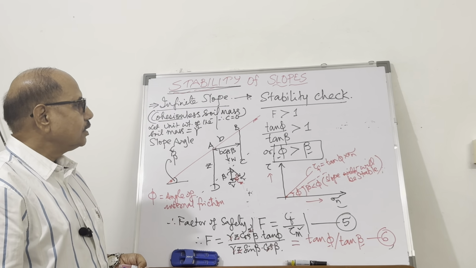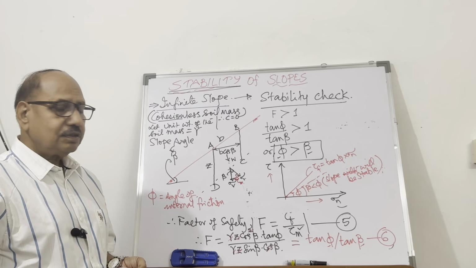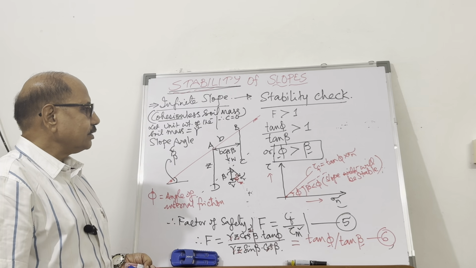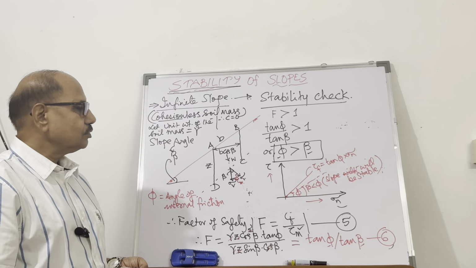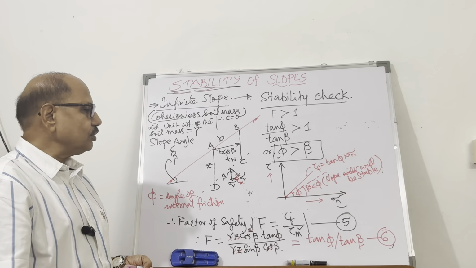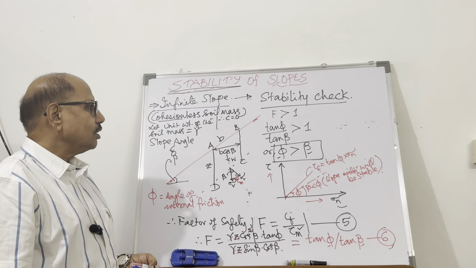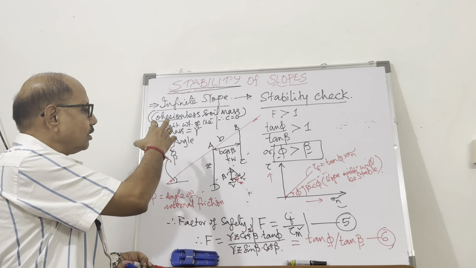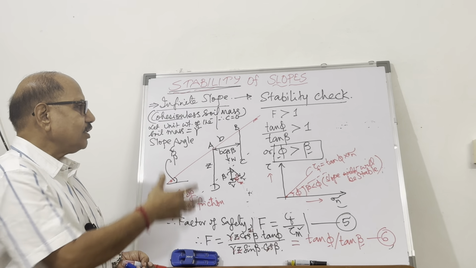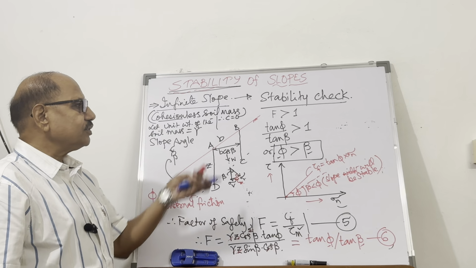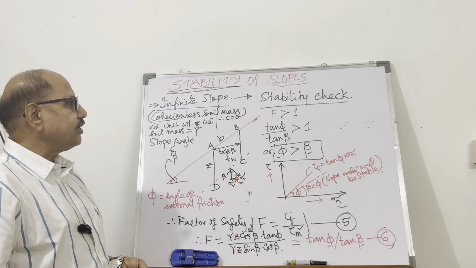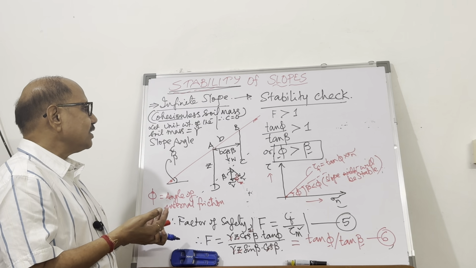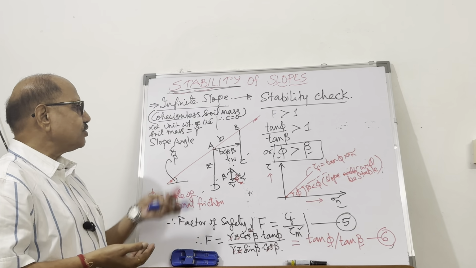The drawdown: the slope is completely submerged and there is sudden drawdown, how the effective pressure is going to increase, how the weight is going to increase, everything we will see, and how it affects the stability of a slope. So in my next video, I will go for the stability check of C phi soil.